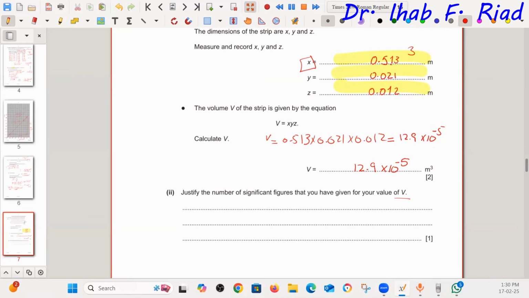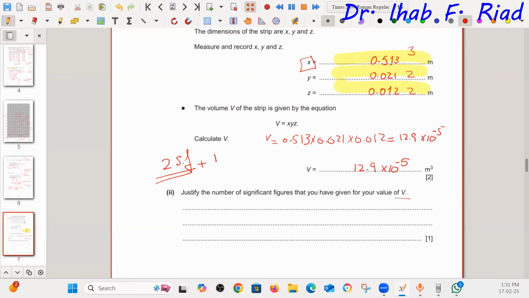For y? No, it is 2 for y. And what about z? 2. So we either keep 2 significant figures, or it is also acceptable if we keep 1 extra significant figure.